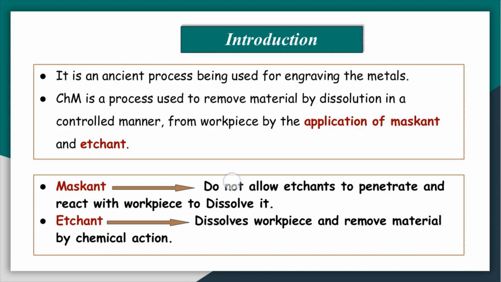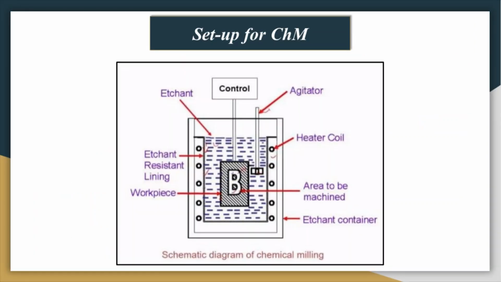Let us move to the next point, that is the setup for chemical machining. Here in this figure I have shown the setup which is used for chemical machining, which involves various steps. Those steps we are going to cover now. In this figure I have shown the workpiece.